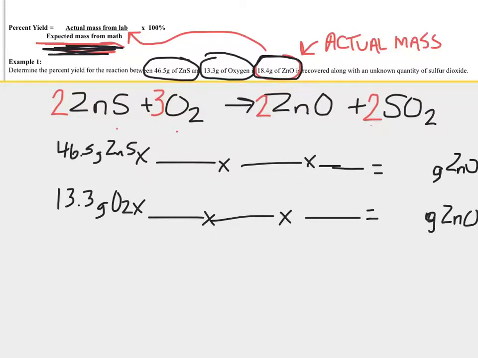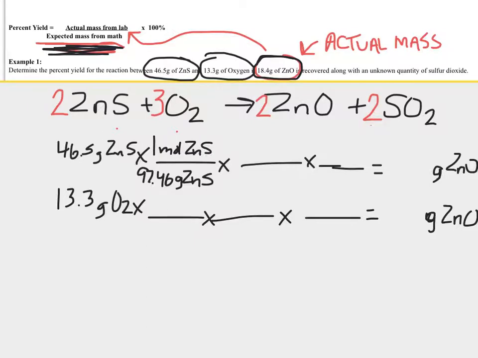Now it just becomes straightforward 2 stoichiometry problems to go from mass of A to mass of B. So to do that, first I'm going to divide by the molar mass of zinc sulfide, which is 97.46 grams of zinc sulfide for every 1 mole of zinc sulfide, right? Just following my mole map.